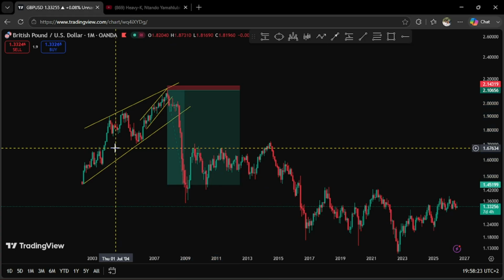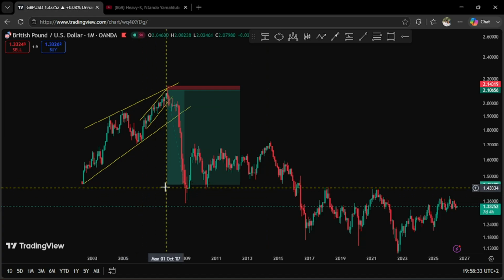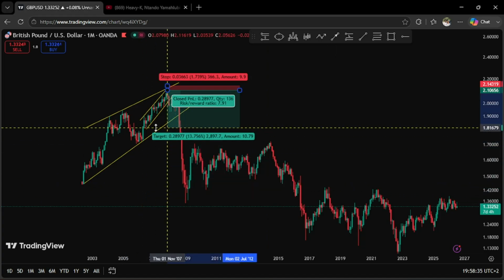You target there because of the 90% rule. You would have been happy already if the market came here. 2,900, 2,800 and something pips, 7.9 R. But now your stop loss will be based on the lower time frames.